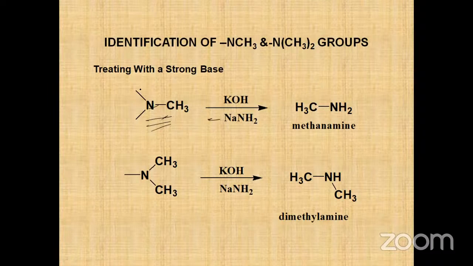These bonds will be broken and one hydrogen added. Breaking each bond leads to the addition of one hydrogen to the nitrogen, which means methanamine is generated. At the same time, take the N,N-dimethylamine fragment present in the natural product, which reacts with potassium hydroxide and sodamide.